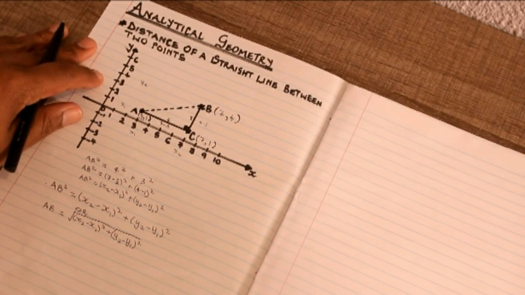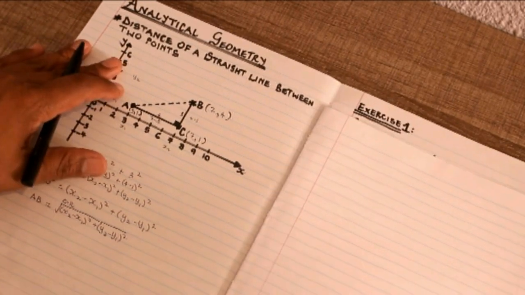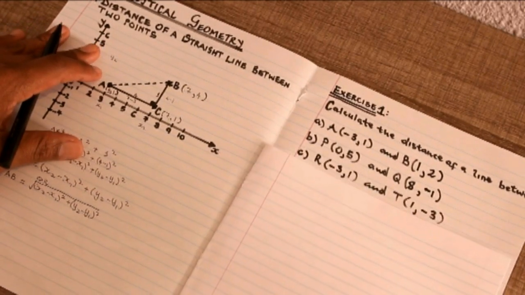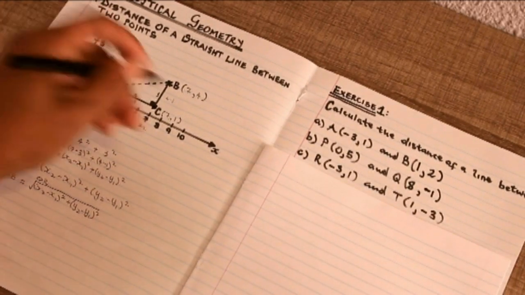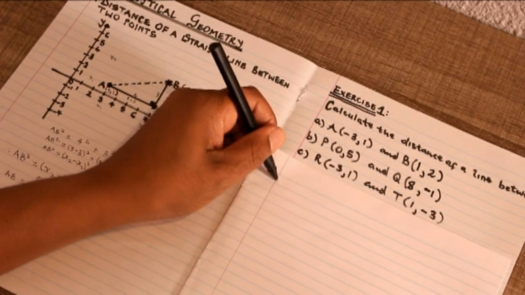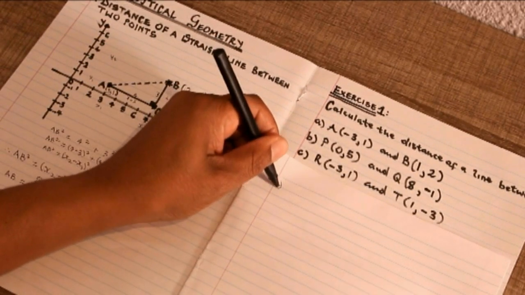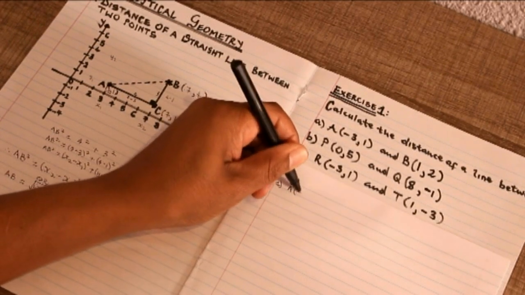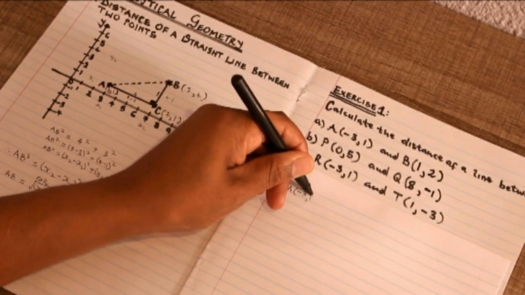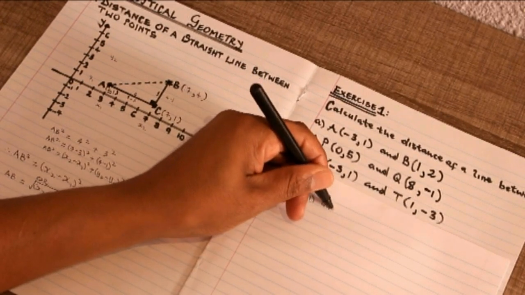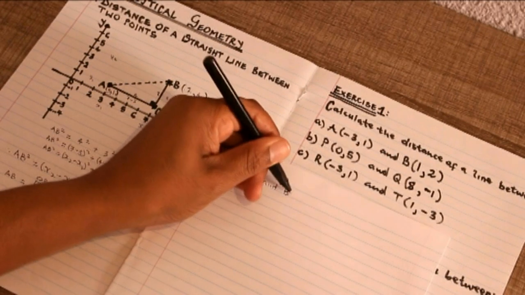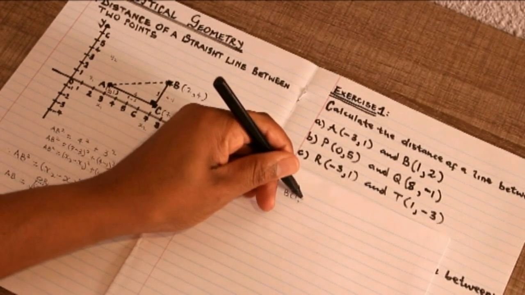Now I want us to look at the 2 exercises. The first exercise says we must find the distance between 2 points. Let's find the first one, A, which says we must find the distance between A(-3, 1) and B(1, 2).